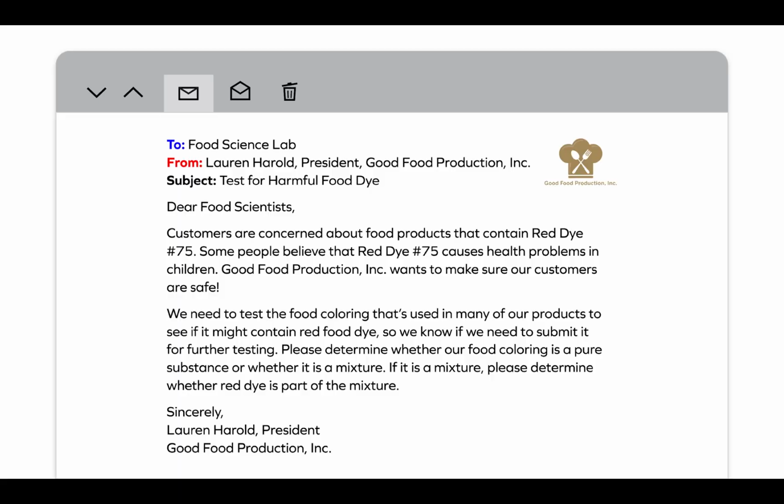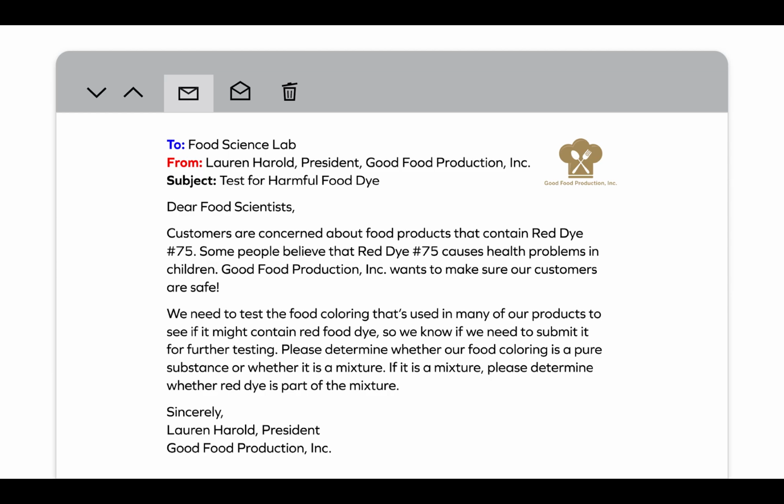And I'm going to read a letter that we received, and it says, "Dear food scientists, customers are concerned about food products that contain red dye number 75. Some people believe that red dye 75 causes health problems in children. Good food production wants to make sure our customers are safe.